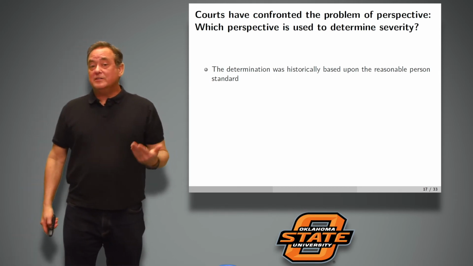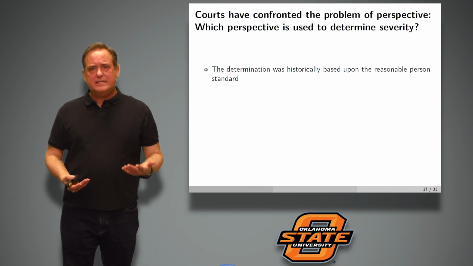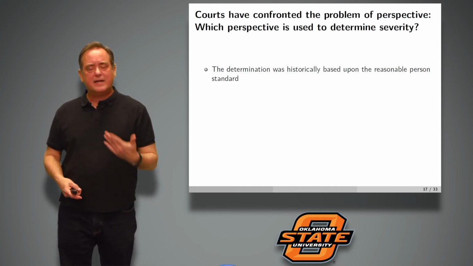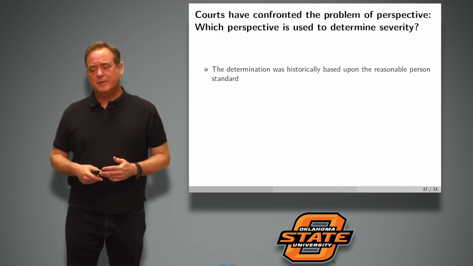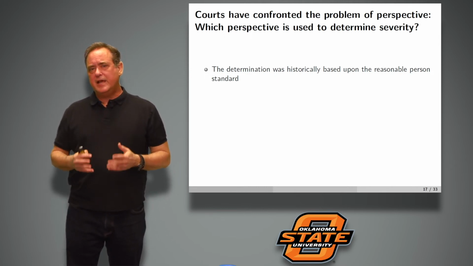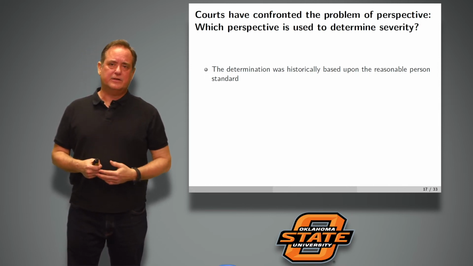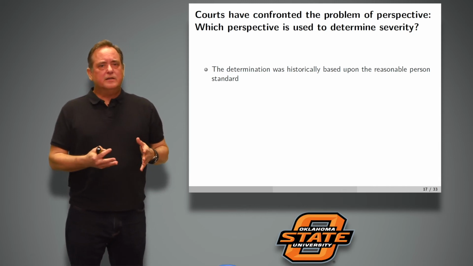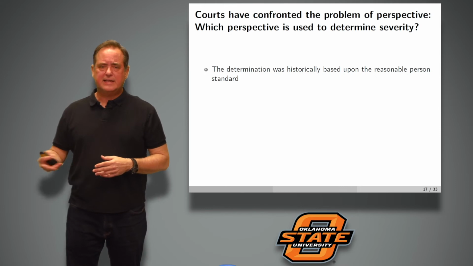Now, when we talk about severity, your question is, how do we know? What is severity? Whose perspective are we going to use to determine severity? This determination was historically based upon what was called the reasonable person standard, which is a feature of tort law. Tort law involves things like negligence.